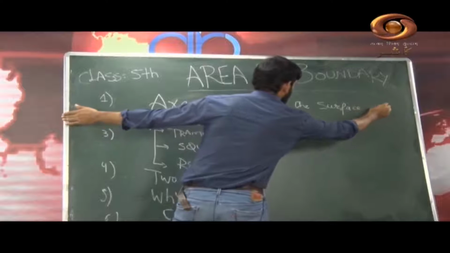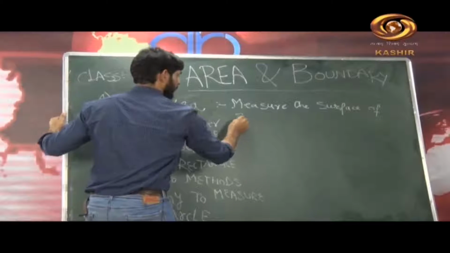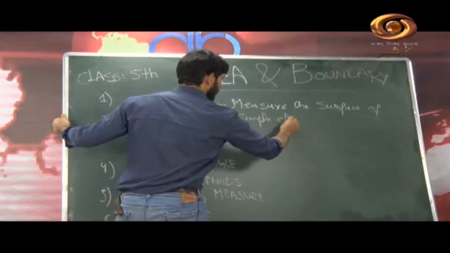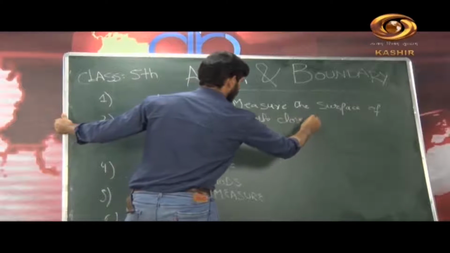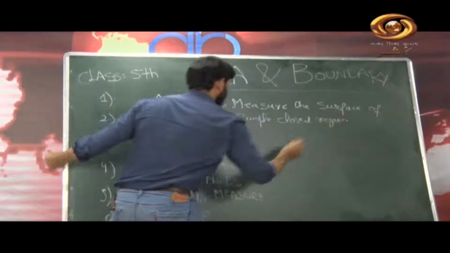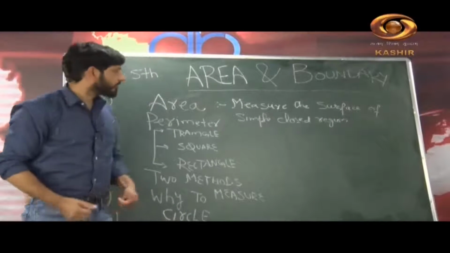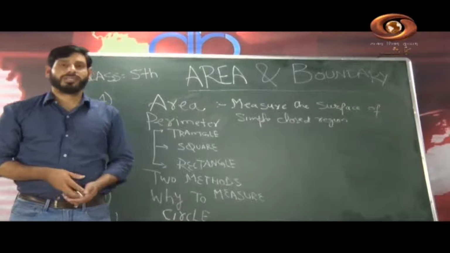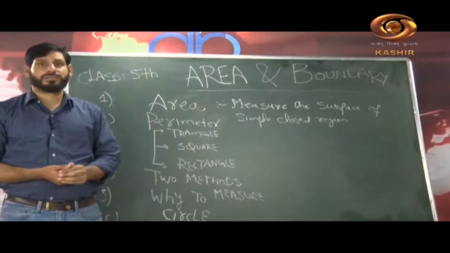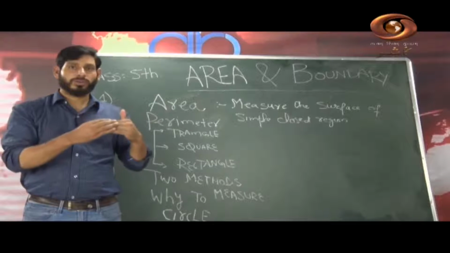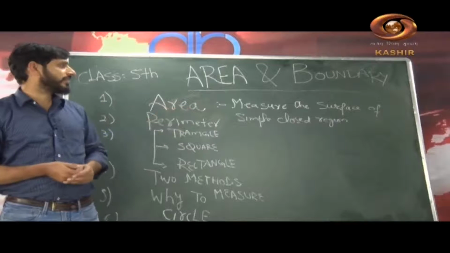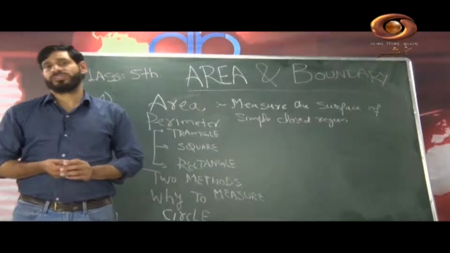Now, regarding the definition, it says that we have to measure. Firstly we know that we are going to deal with measurement, whether it is around the boundary or the area itself. But for the present definition, that is measuring the surface of a simple closed region.